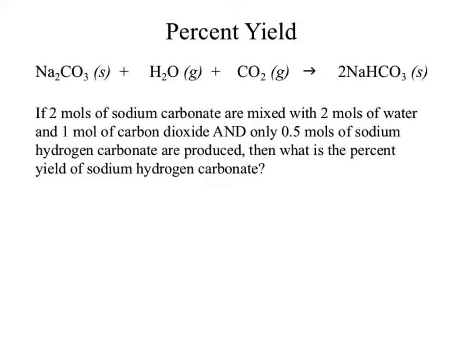Is it balanced? We have to go through and do all of our calculations. Remember, to get the percent yield, how do we calculate it? Percent yield was our actual over our theoretical, but the theoretical is a new term. What did we say the theoretical needed to be?